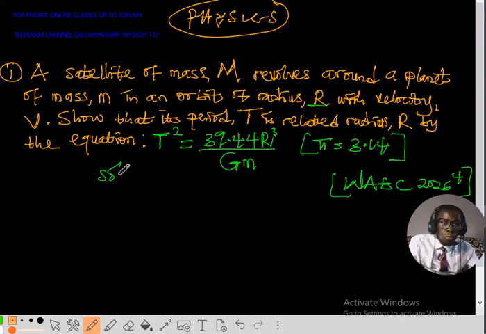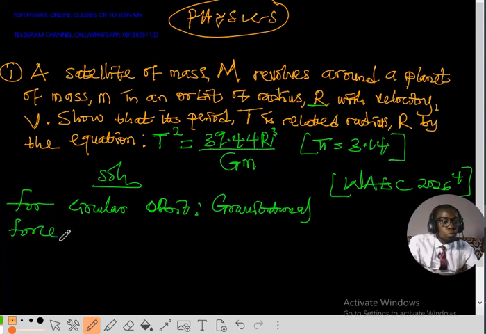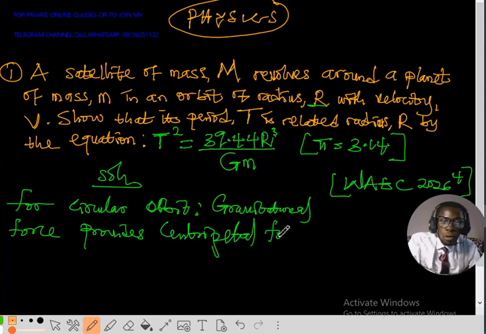So what we need to know here is that for a circular orbit, gravitational force provides the centripetal force.